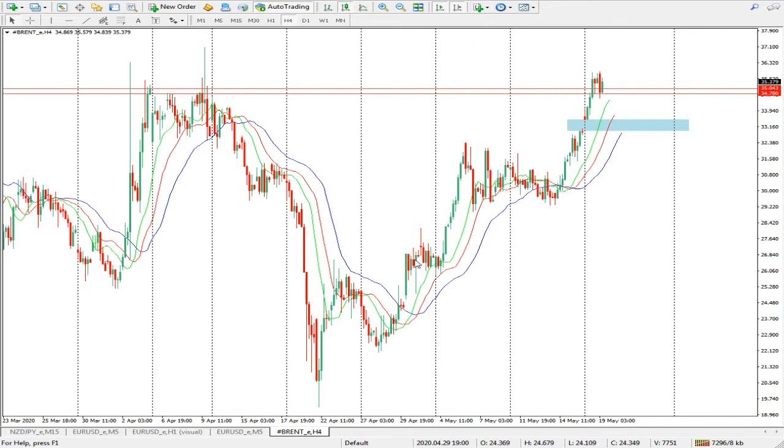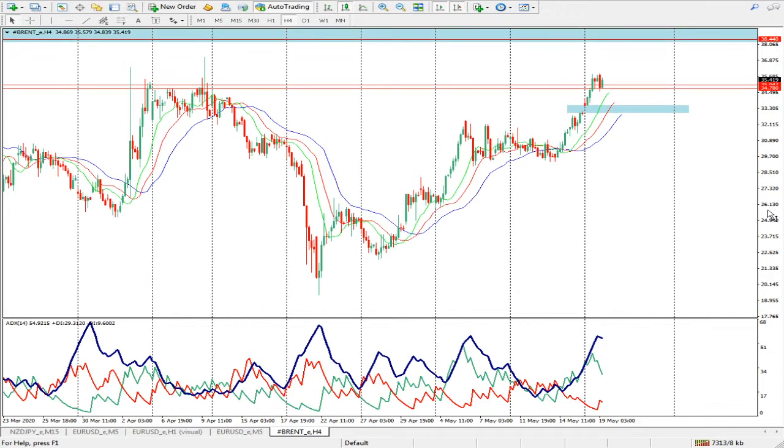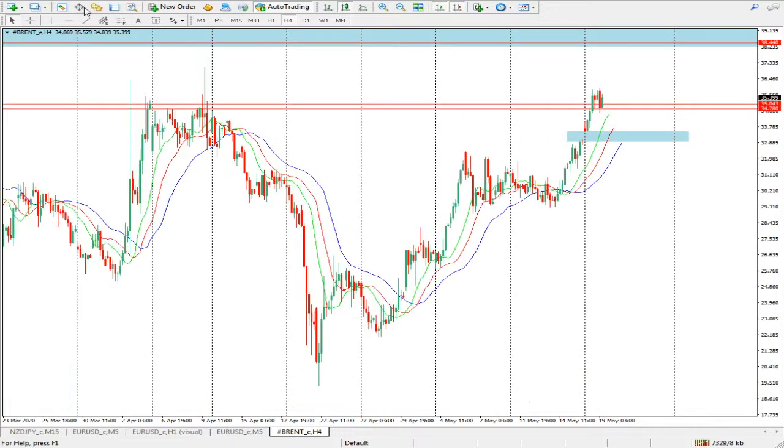I'm also going to add ADX. You can see that we are actively upwards. What this simply means is you should keep looking for buy orders. Expect those positions to push price up to this point. So we'll move forward to our next symbol.